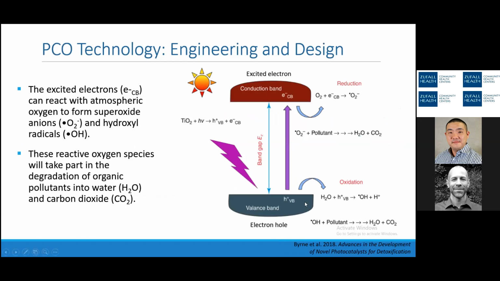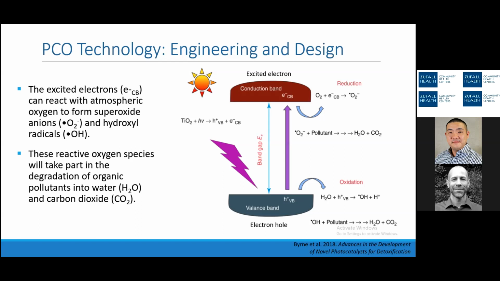This electron hole reacts with a water molecule to produce a hydroxyl radical, an OH molecule. The excited electron reacts with oxygen to produce a superoxide anion. So this process is carried out in the presence of oxygen and water to create superoxide anions and hydroxyl radicals.